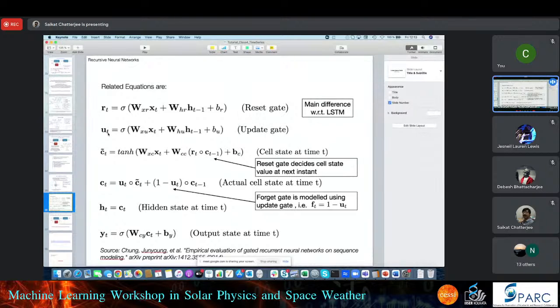We have this rt and ut, and they are functions of xt and ht minus 1. And then we have this ct, the internal state again. ct has a similar recursion, right? And ht equals ct, and then ht is ultimately projected to yt. This is the total set of equations.